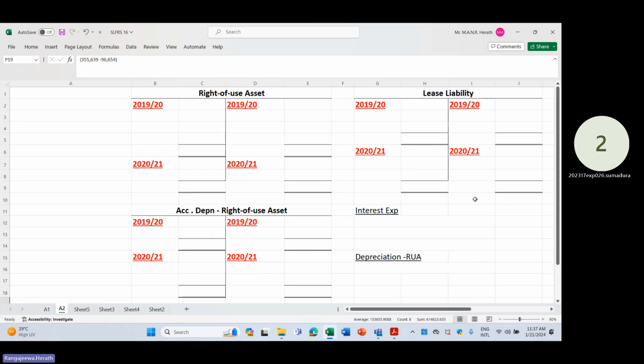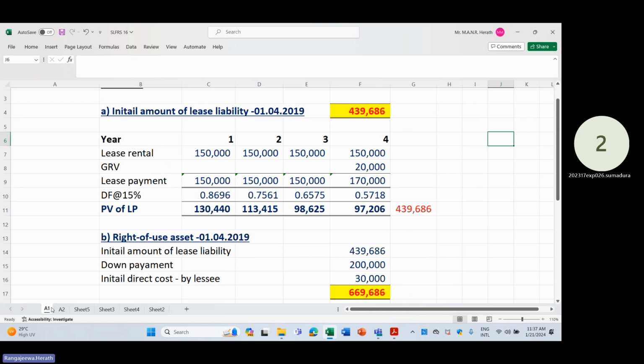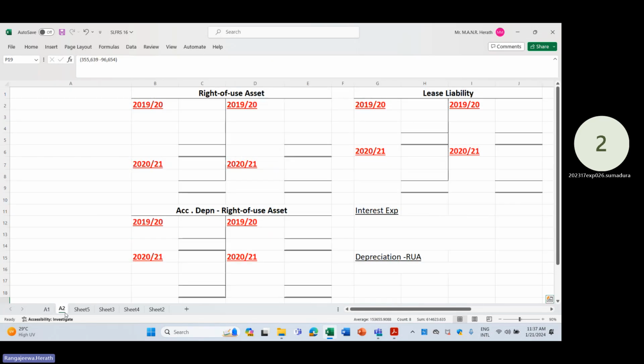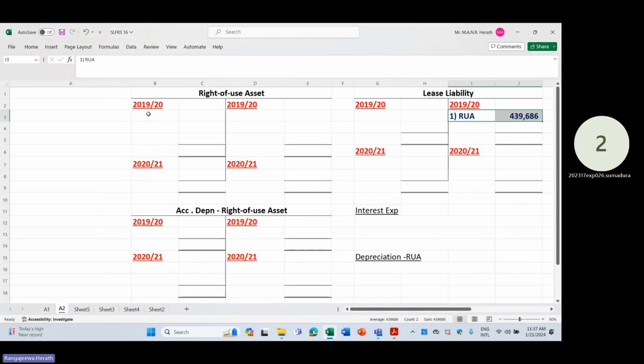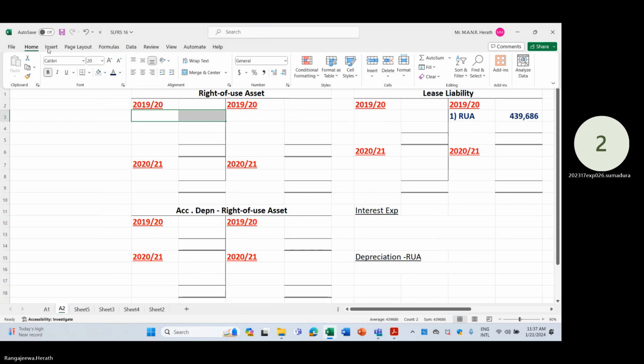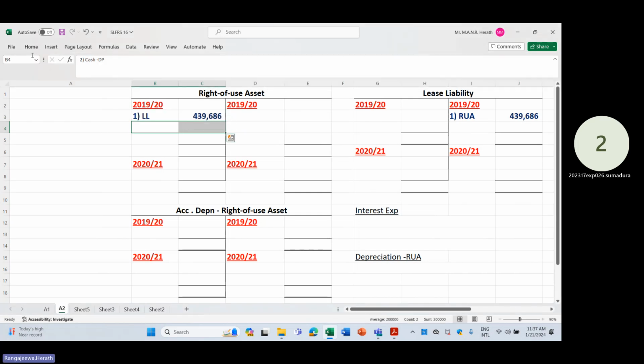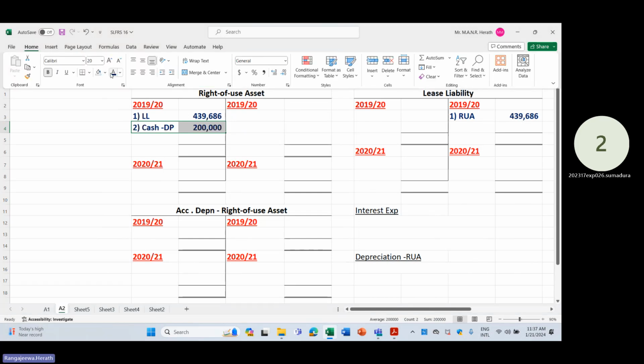So the first few entries we can easily make. Now, right of use asset: we have already calculated the value of the lease liability, 439,686. Lease liability credit, right of use asset debit. Then the down payment, cash credit, right of use asset debit.